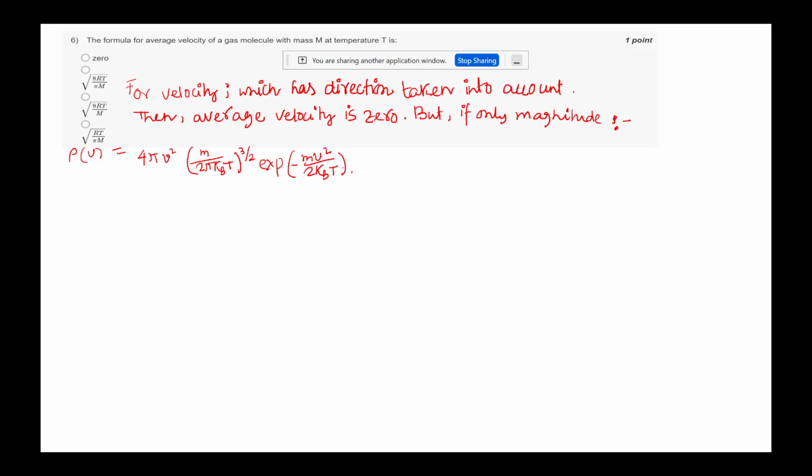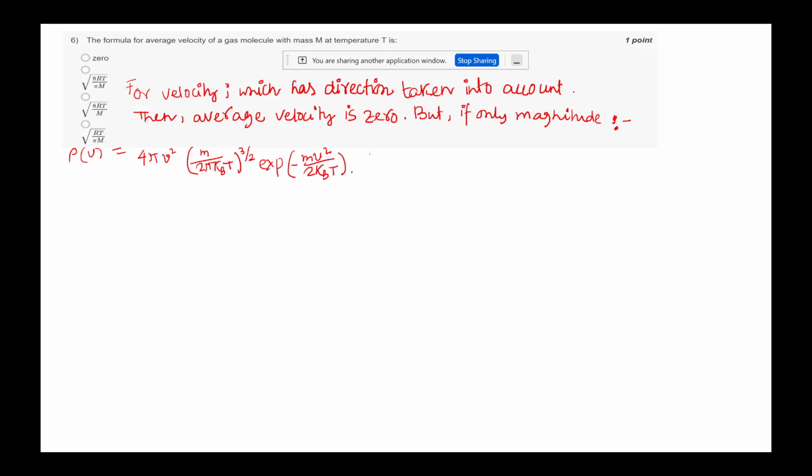So you probably know from statistics, if there is a distribution and you want to take the average of it, then you take the variable value and its frequency, and take the average of that, right? That is the way.